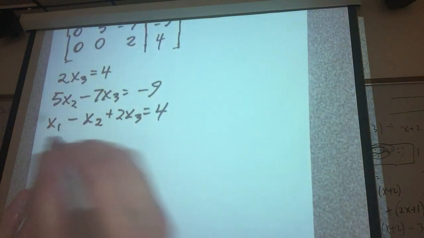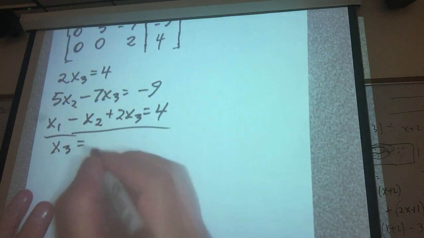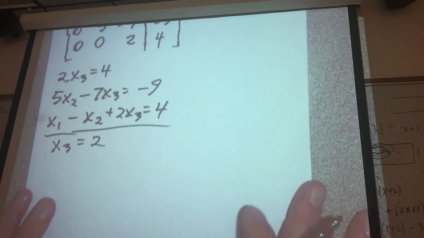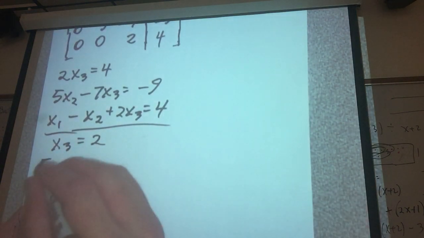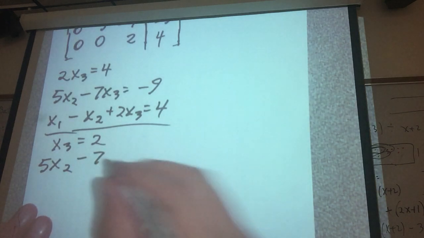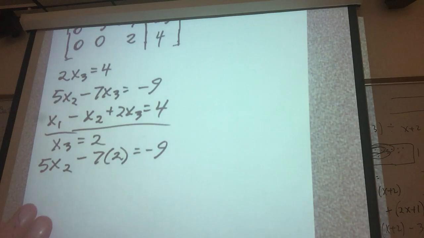The first one is going to give us that x3 is going to equal 2. And then the next statement is going to give us that 5x2 minus 7 times 2 equals negative 9.